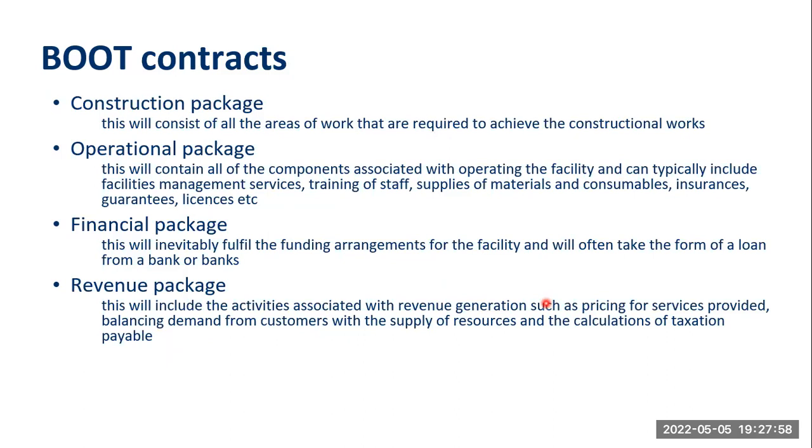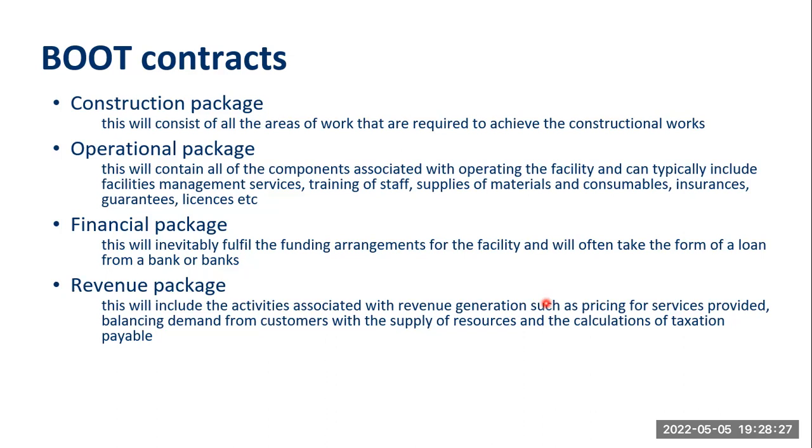All right, then we have BOT contract types. You can have a construction package where the project management company is responsible for the construction work. They have the operational package where the project management firm is responsible for operating. Remember we have the BOO, right? The OO, that's operation.